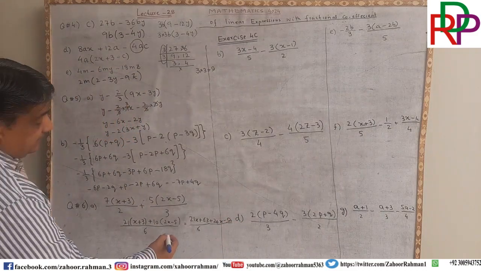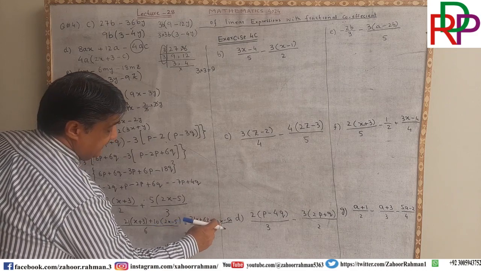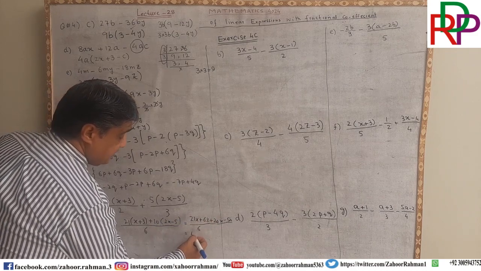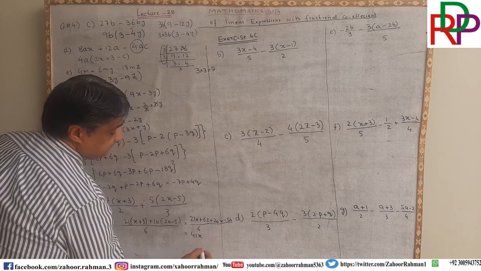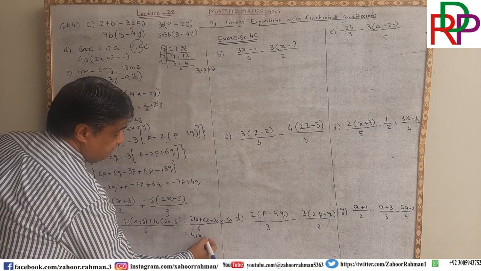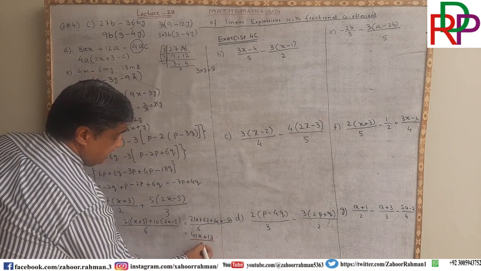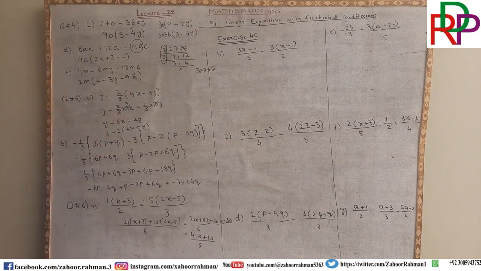So here I am writing the final answer. 21x and 20x is 41x, and then 63 minus 50 will be plus 13, divided by 6. This is the answer.